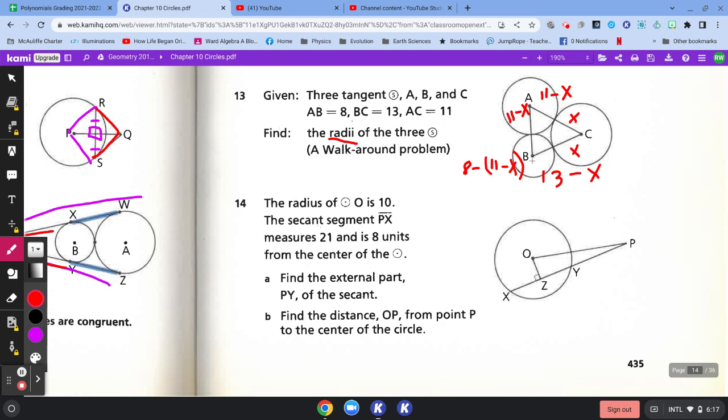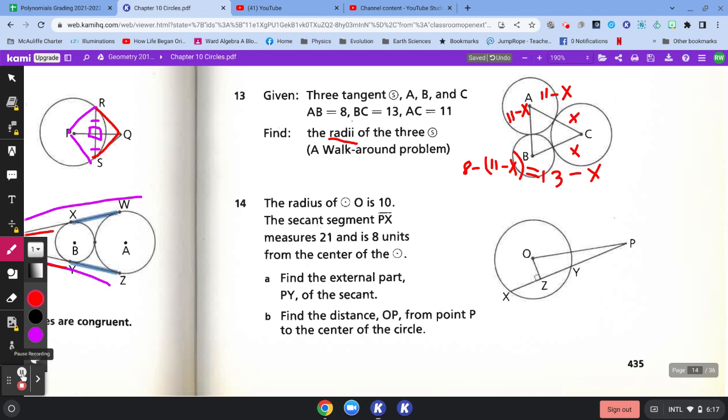And then I know that BC is 13, so I treated the radius of B here as 13 minus x. And what I was trying to get was two different expressions for the same radius, so that I could say that those are equal. And now I can solve that. And I'll let you consider how to solve that.